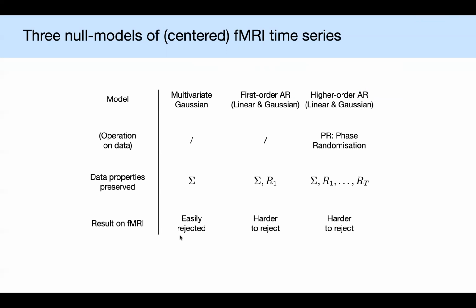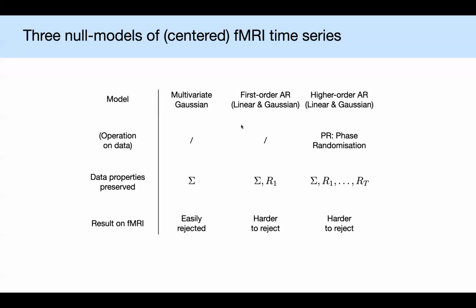So it's not super informative. On the contrary, these last two are harder to reject, which suggests that if you account for the linear structure and even the first order autocorrelation structure of fMRI time series, you are actually capturing quite a lot of information in these fMRI time series.